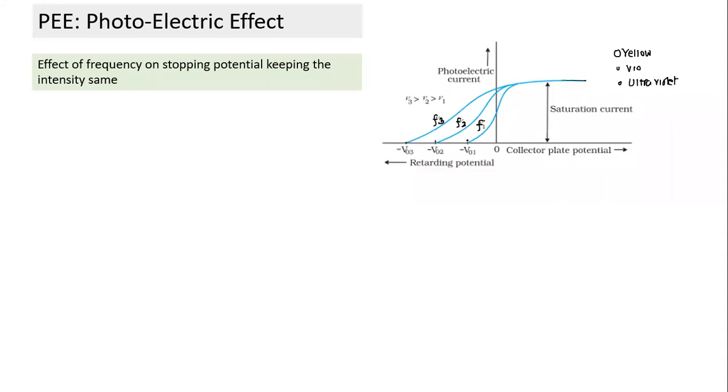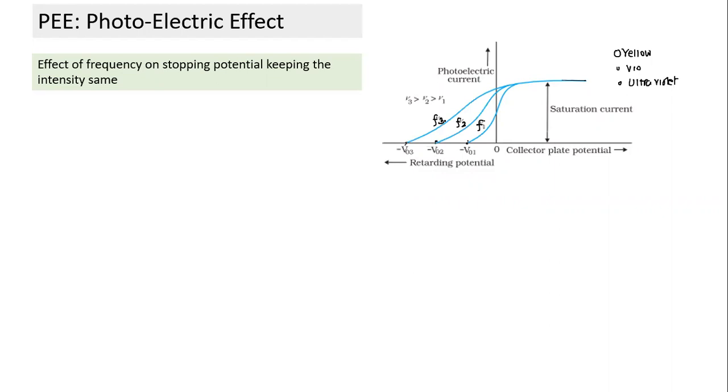For this lower frequency F1, this was the stopping potential. F2 frequency being higher than F1, the stopping potential was greater, and for an even higher frequency, even greater. Can somebody tell me what we conclude from this? Anybody would like to make a statement, drawing an inference? Energy of the electron depends on the frequency of the source.